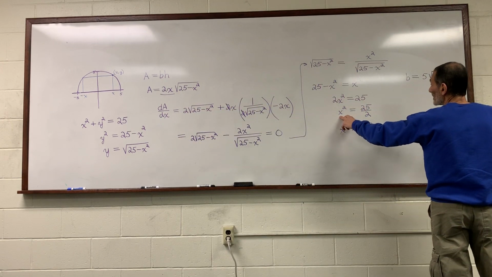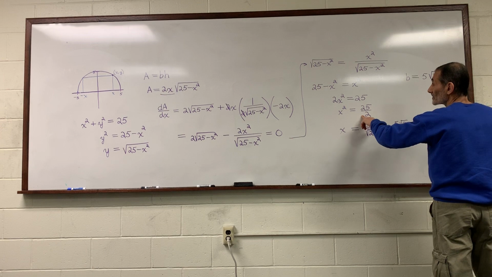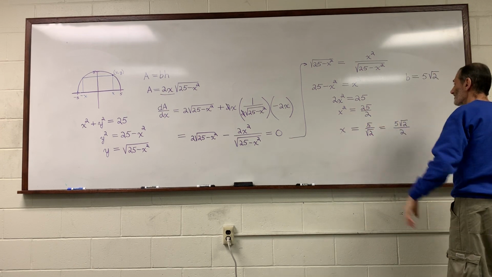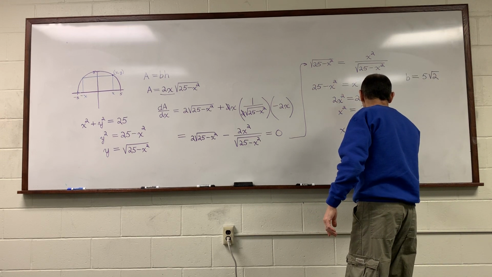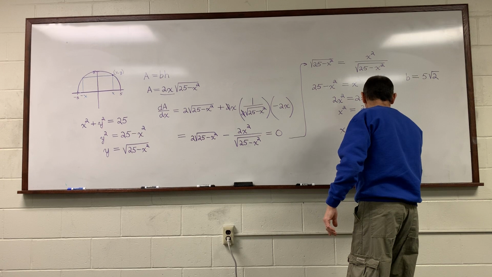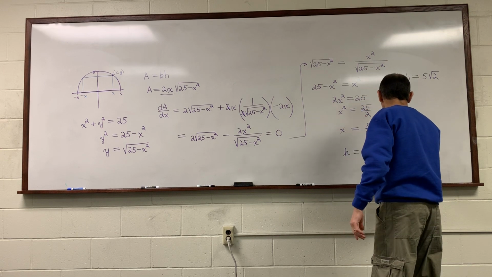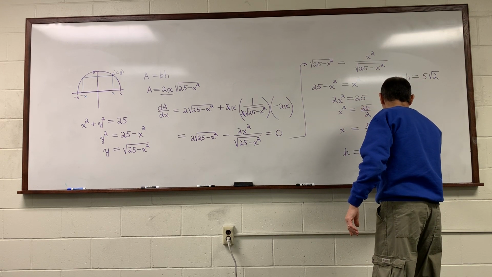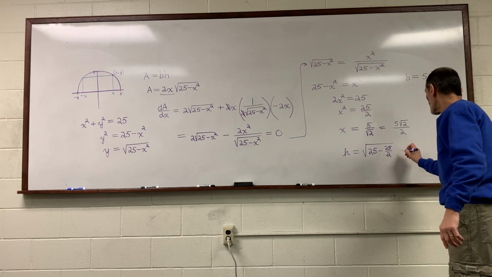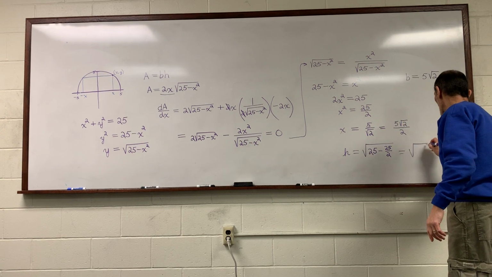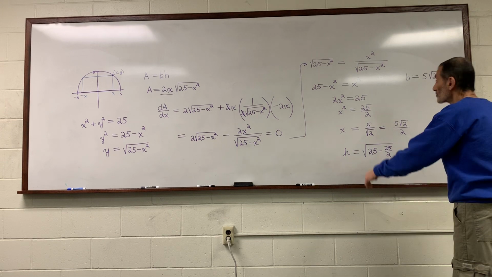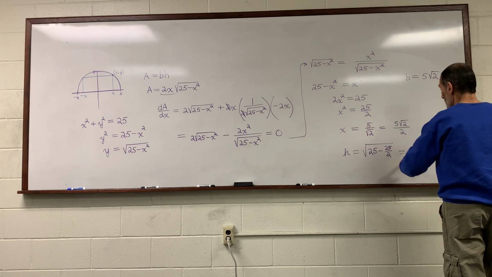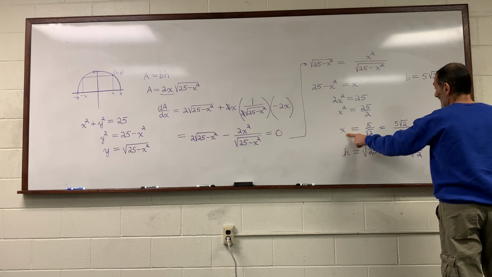The height is the square root of 25 minus 25 over 2, which is the square root of 25 over 2, which is exactly where we were here. So h is actually equal to x.